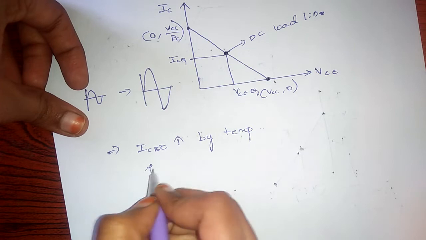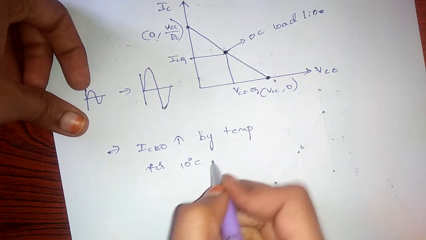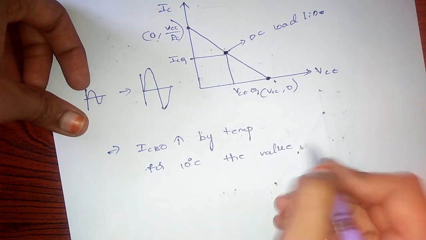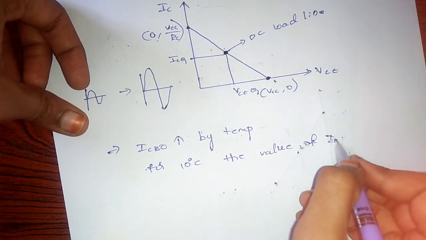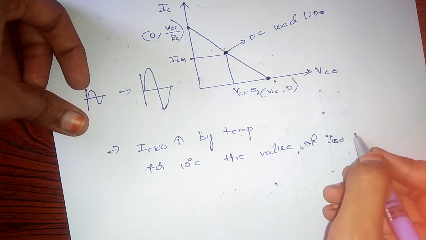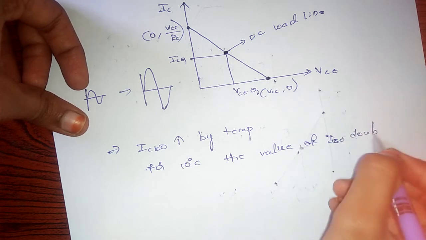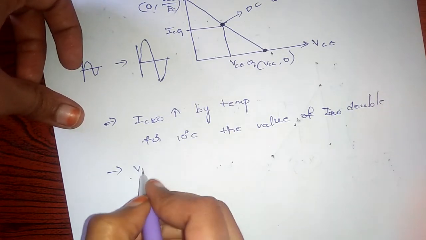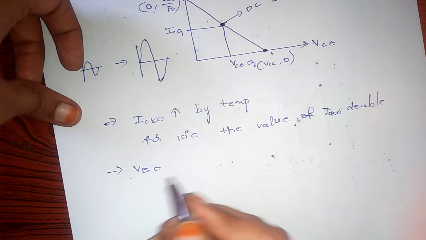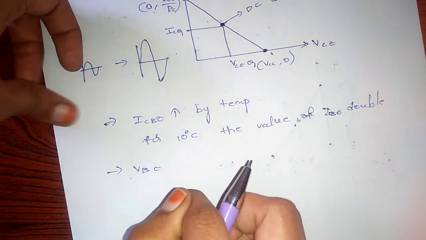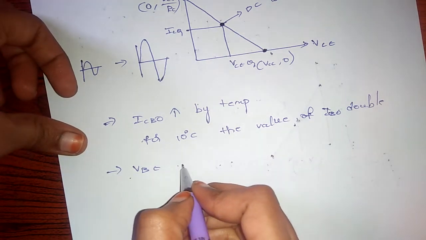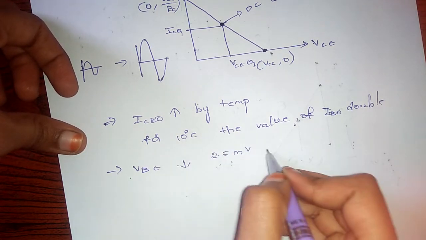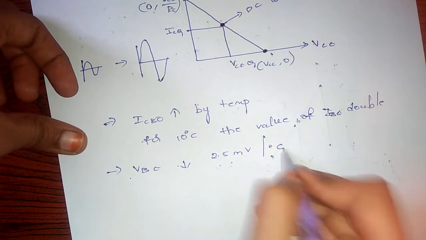For every 10 degrees Celsius, the value of ICBO will double. The next factor is VBE, the base emitter voltage, which decreases about 2.5 millivolts per degree Celsius.